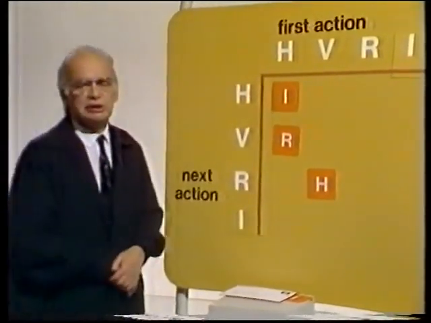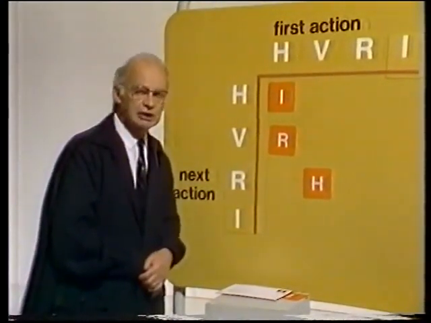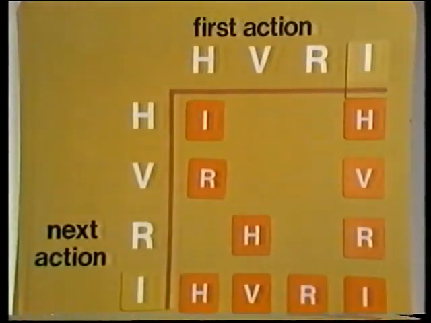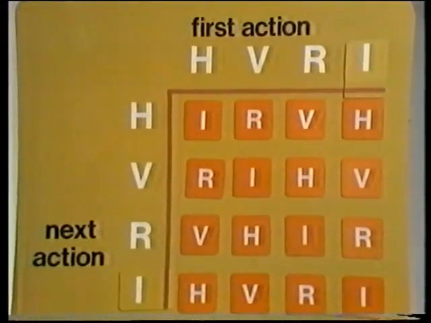Now it's easy to see what the entries in the I column and the I row are going to be. They'll have to be the same as the headings. There's no need to do all the rest of it. Let's magic it in. So now we have a complete closed table showing the result of combining any two actions.